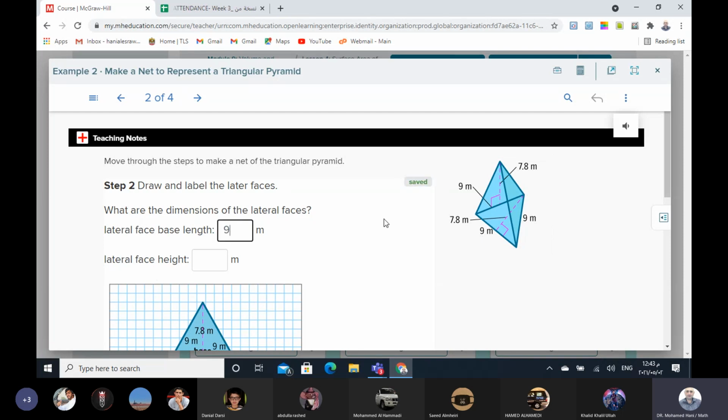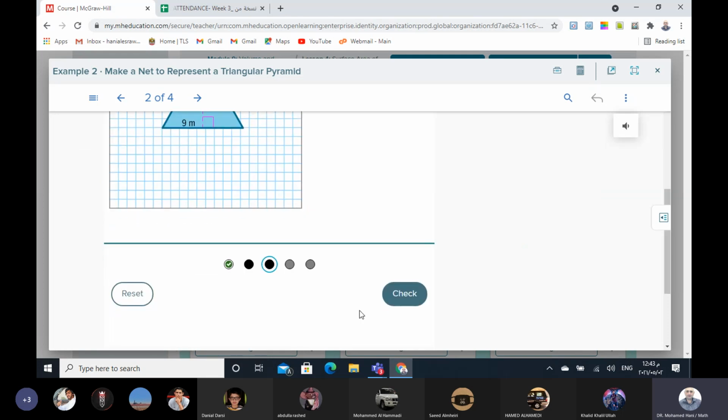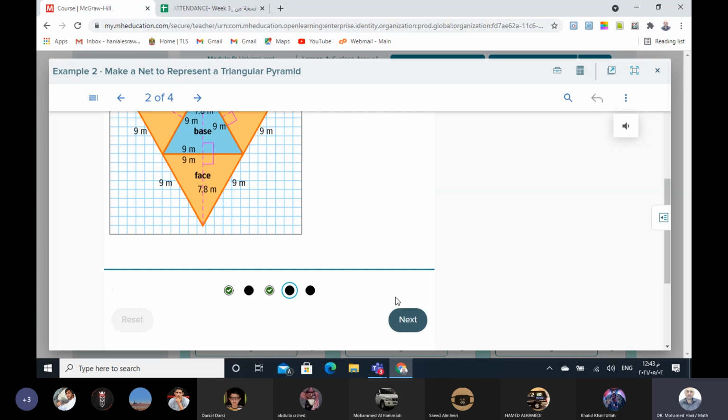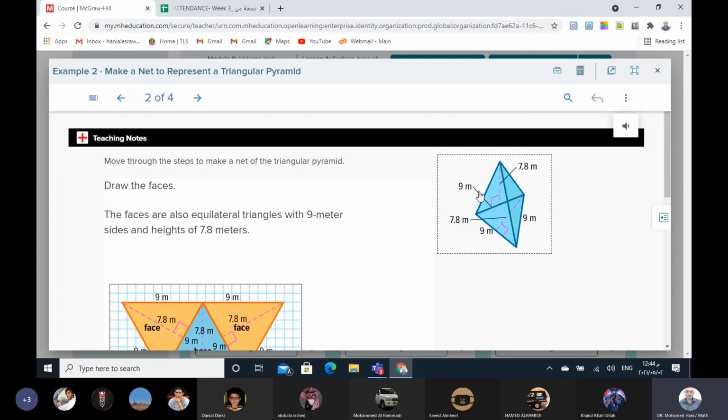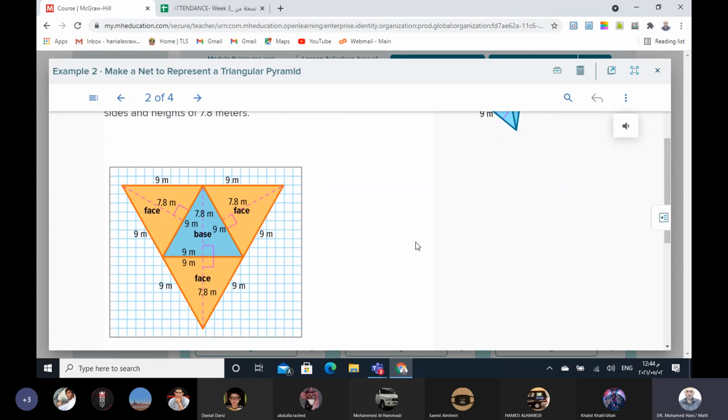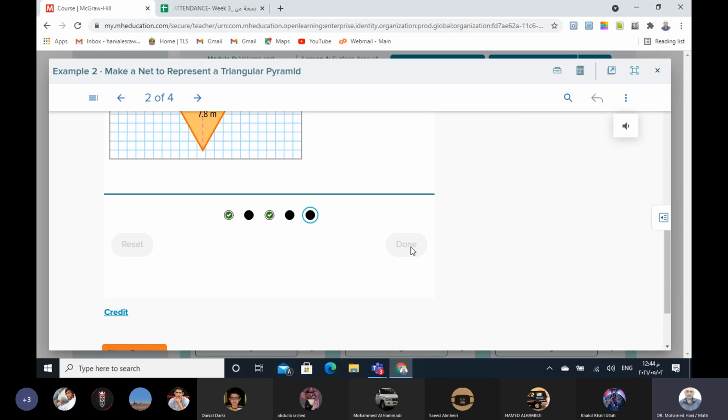And lateral face height, this is the height of the lateral face, will be also 7.8. So these are the lateral faces. This is the first one, the second one, the third one. And this is the net of the triangular pyramid.